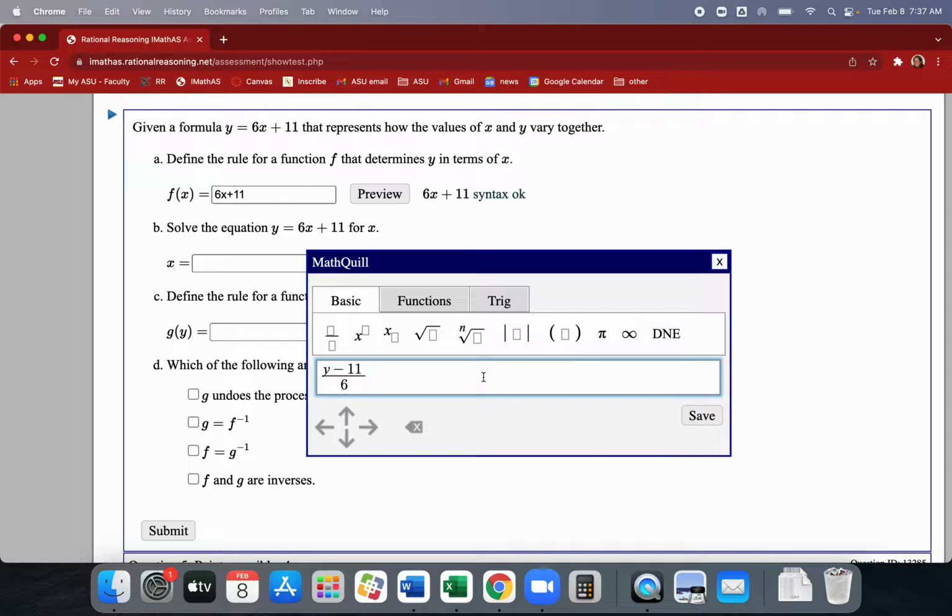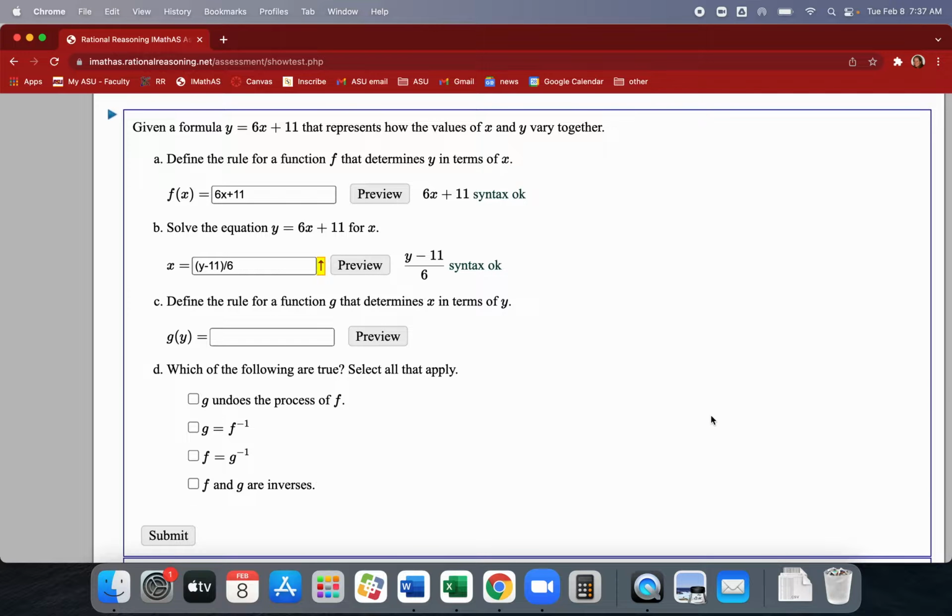Or I could write times 1/6, or I could just write y minus 11 in parentheses, divided by 6, which is what it looks like if you go back out of the math pad again. That means the same thing. This is solved for x, meaning x is by itself.